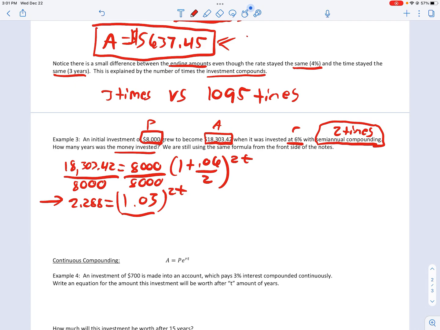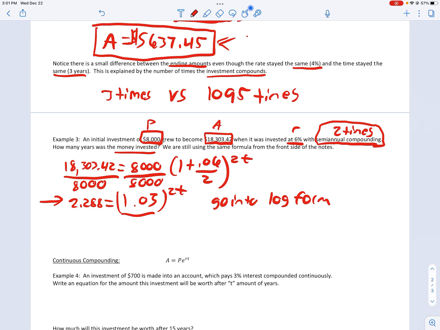It's hard to rewrite 2.288 as the same base as 1.03. So our only option right now is to go into log form. We're going to change it to log form and then use our calculator.